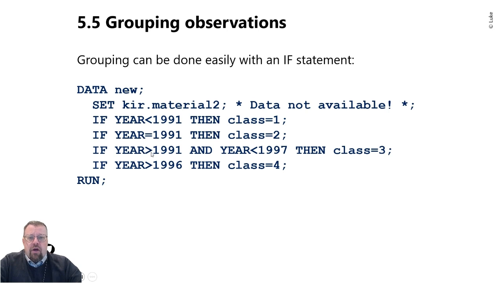If year is larger than 1991, so 92 upwards, and less than 97, so in practice from 92 to 96, then class equals 3. And if year is larger than 1996, then class equals 4. So if statements can also be used to do this kind of grouping of observations, and you can create a categorical variable out of a continuous variable using this technique.